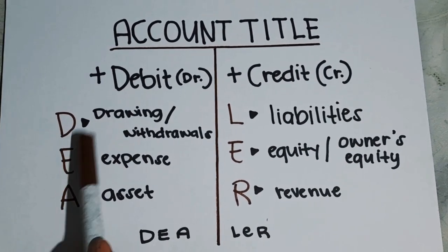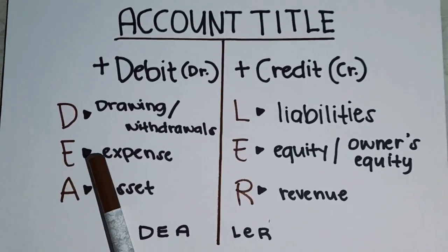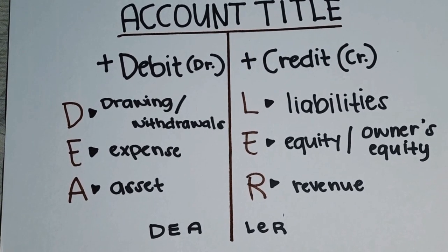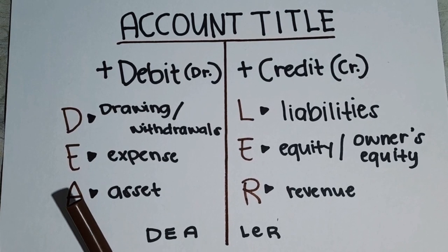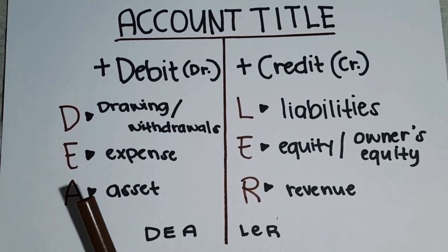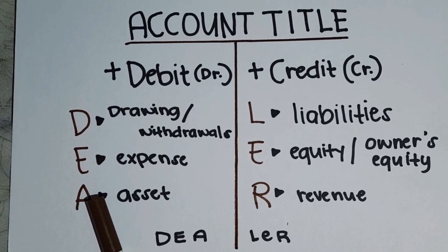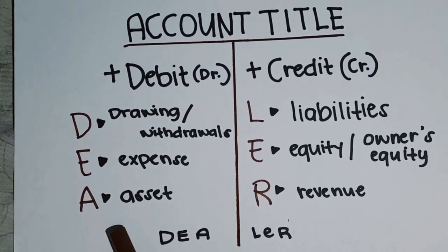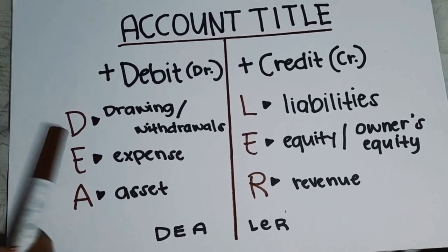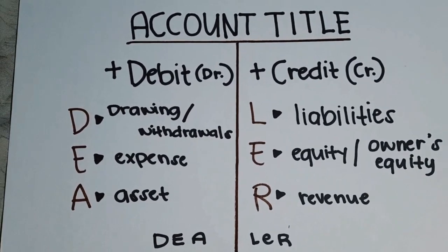So, D means drawing or withdrawals, E means expense, A means asset, ibig sabihin, kaya siya nasa debit side is kapag nadadagdagan yung drawing, expense, and asset, automatically naka-debit siya. So, kapag nababawasan yung amount ng drawing, expense, and asset, ilalagay natin siya sa credit.